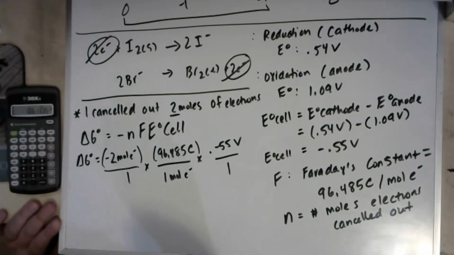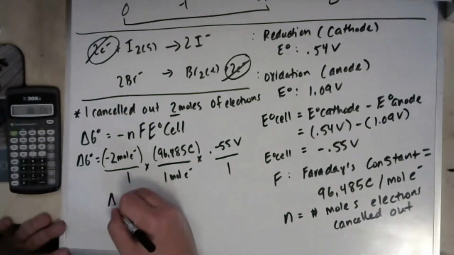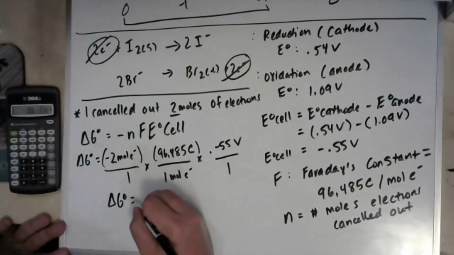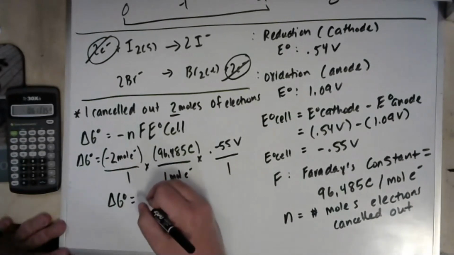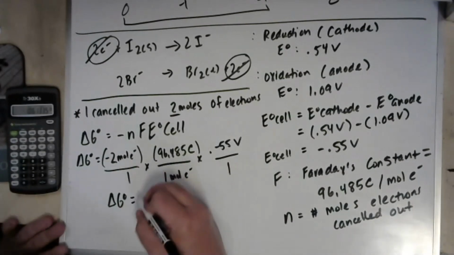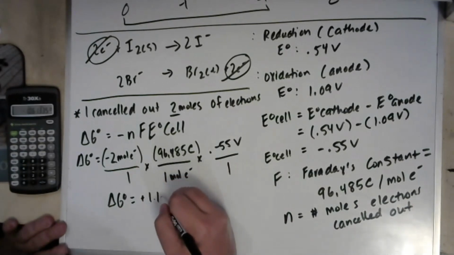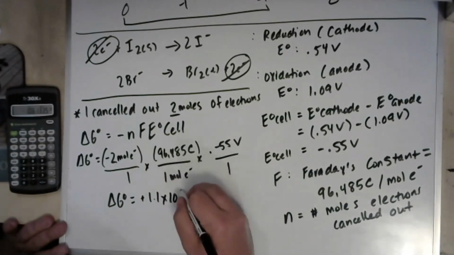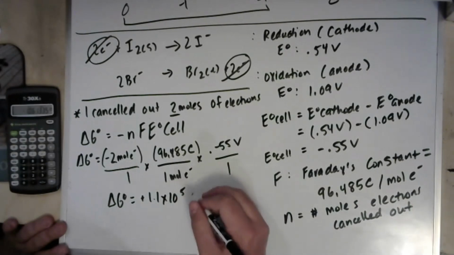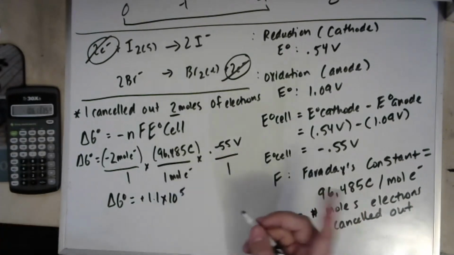We need to do this to 2 sig figs. So delta G for this reaction is going to be positive 1.1 times 10 to the 5 joules.